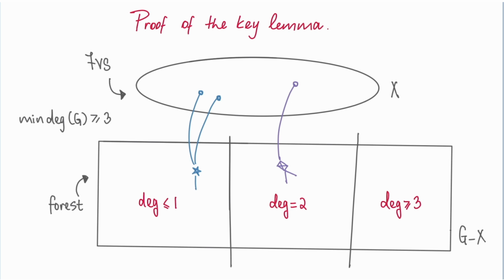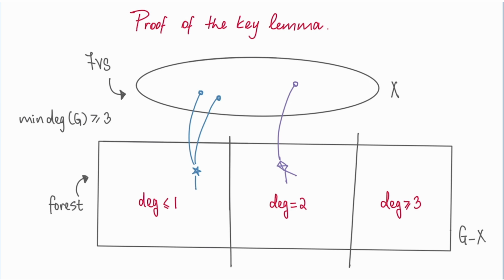But let me also say that we will actually be proving this lower bound on just the number of cross edges. We will not even worry about edges with both of their endpoints in X. We'll say that even just the number of cross edges happen to be more than the number of edges that sit inside the forest.